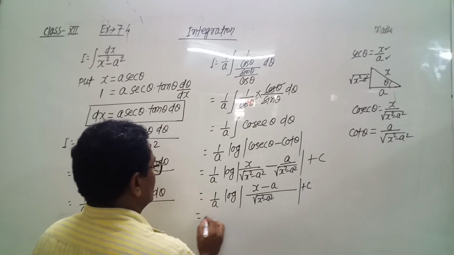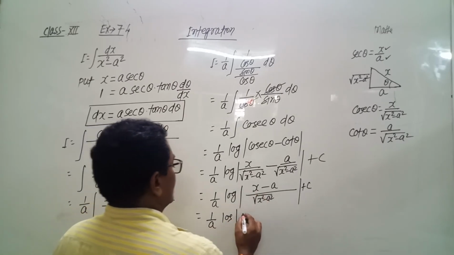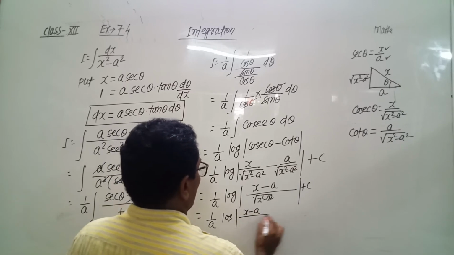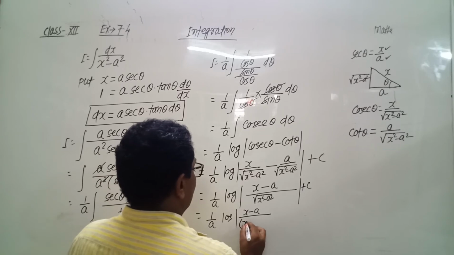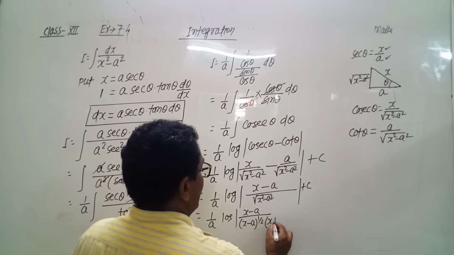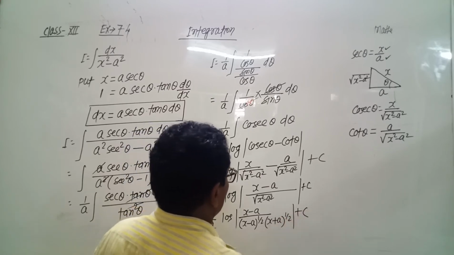So we can write 1 by a log of x minus a over root of x square minus a square as x minus a raised to the power 1 by 2 and x plus a raised to the power 1 by 2.